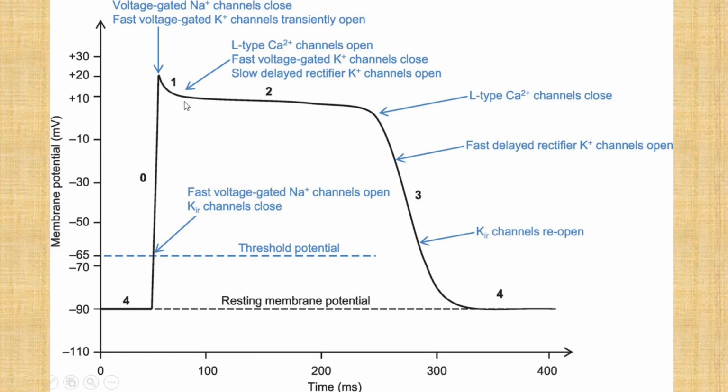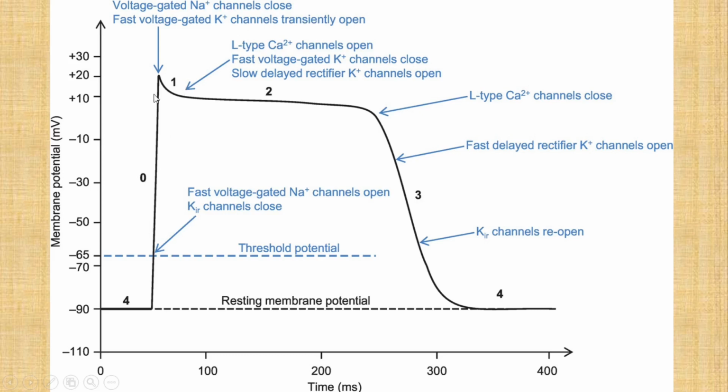So to summarize, the ionic basis along with the phases of the action potential: phase 0 is because of the opening of the fast sodium channel. Phase 1, the first partial rapid repolarization, is because of the opening of one channel, called the transient outward potassium channel.